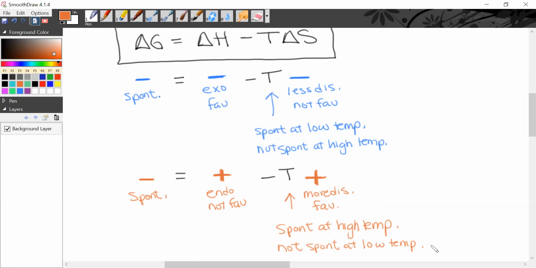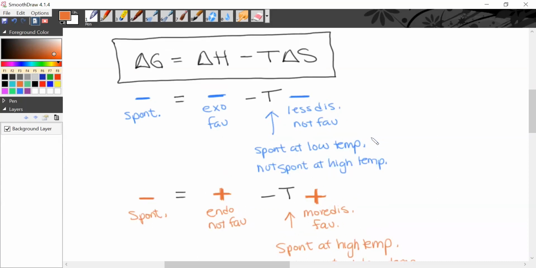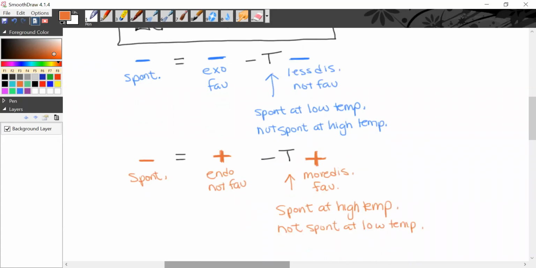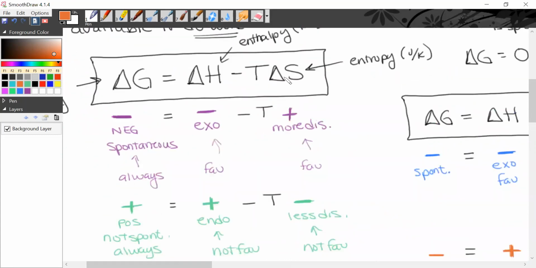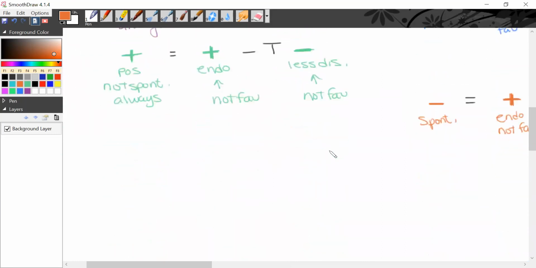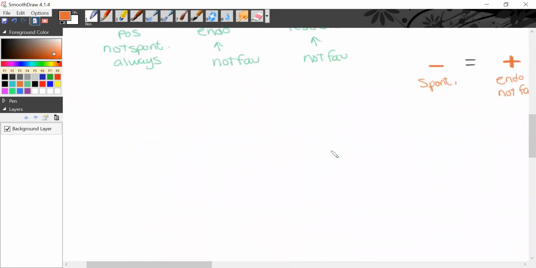All right, let's do one more thing and then we'll do a practice problem. Okay, so this is one way to calculate free energy, by looking at the enthalpy and the entropy of a reaction. But just like we were able to do for delta H and for delta S, we can also calculate delta G by using standard values, okay?